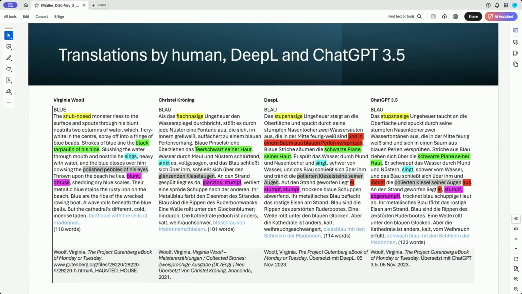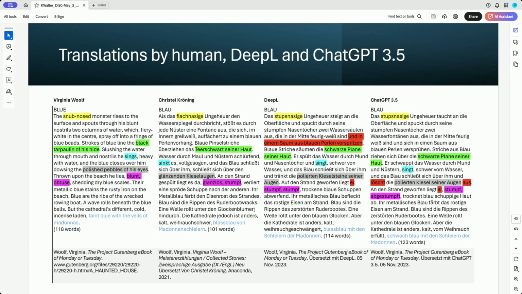Okay, and I'm just going to read out the English original version, and you may read along or maybe just look at the highlighted passages in the human translation from 2021, a retranslation, and the DeepL and the ChatGPT version. The snub-nosed monster rises to the surface and spouts through his blunt nostrils two columns of water, which, fiery white in the center, spray off into a fringe of blue beads. Strokes of blue line the black tarpaulin of his hide.